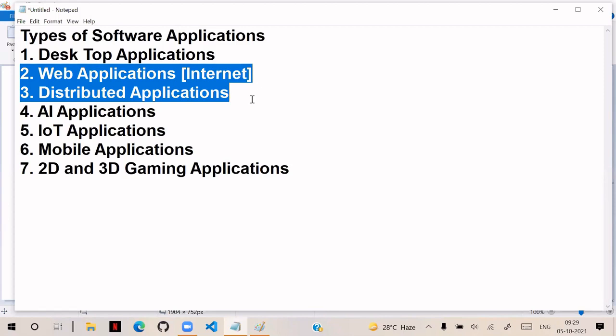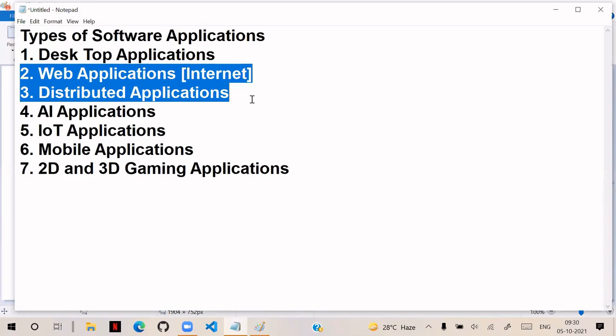I will give you those introductions also, because what you learn here alone is not enough for building a distributed application. I will give an introduction to them so that you can handle it. Our main concentration will be these two types of applications, web application and distributed.